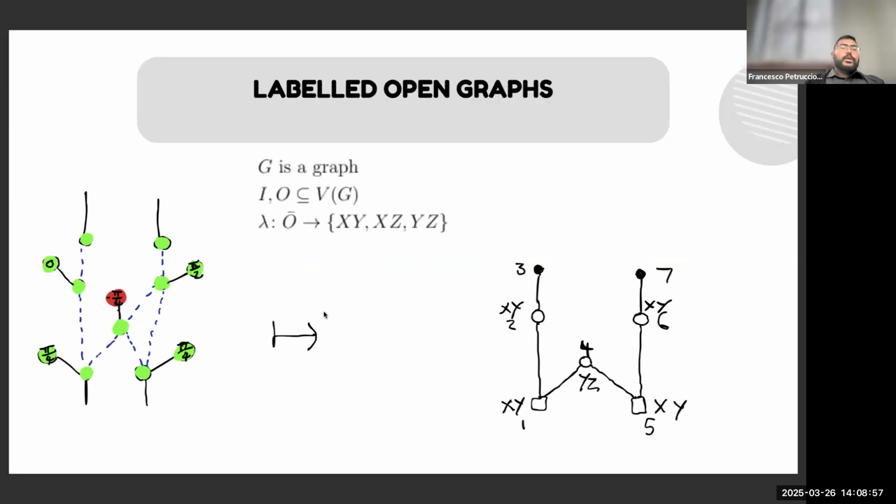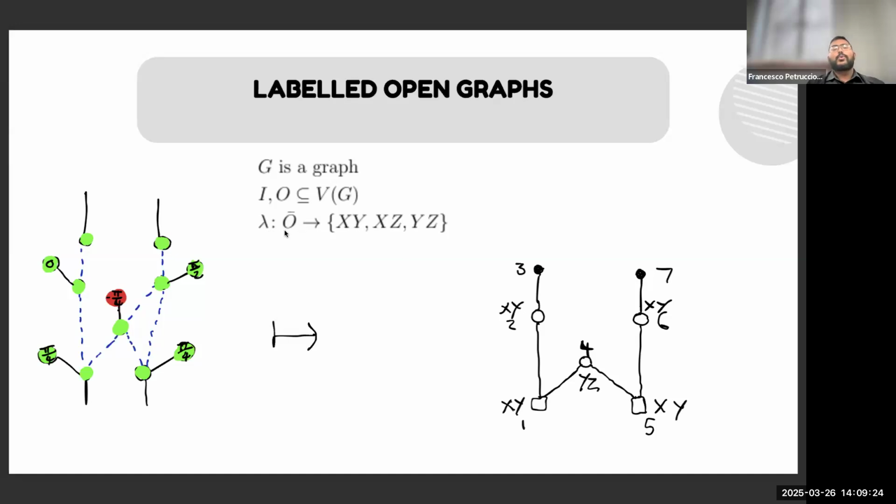So we want some way to ensure that these patterns are deterministic, and hence we introduce the notion of a labeled open graph. So we are going to convert our pattern to a graph and label each vertex. We want to keep track of what's an input and output. So on the graph on the right, I've drawn inputs as squares and outputs as solid circles.